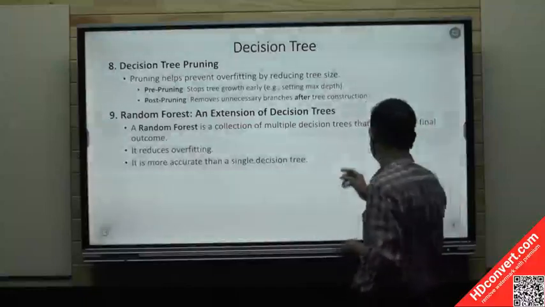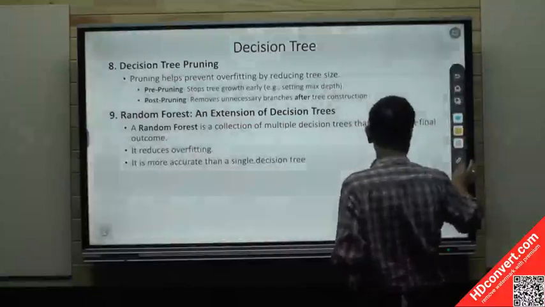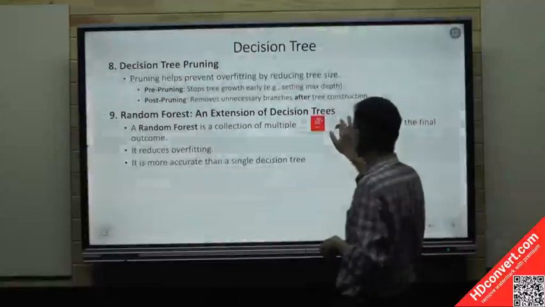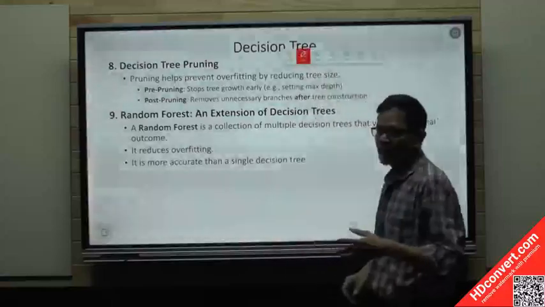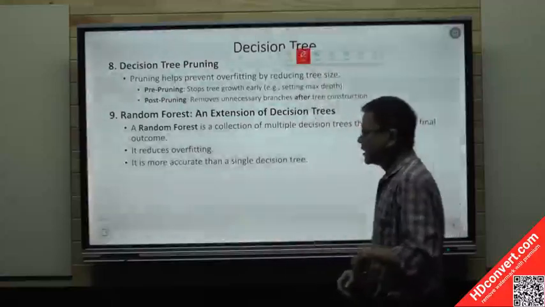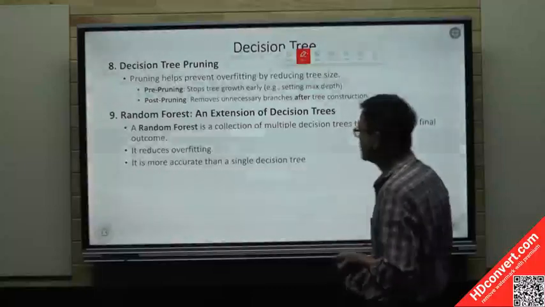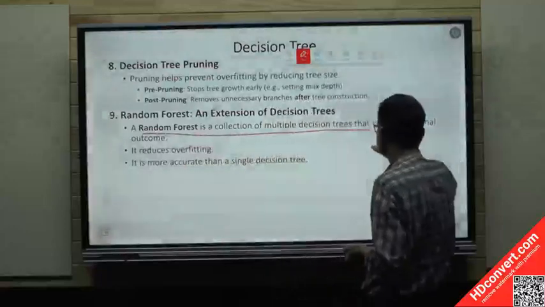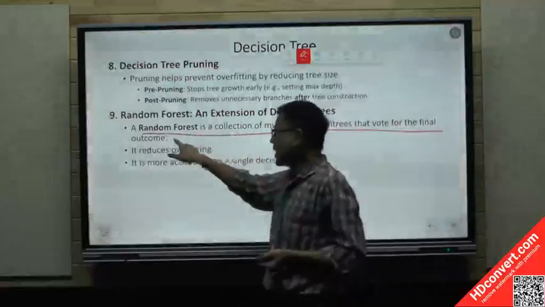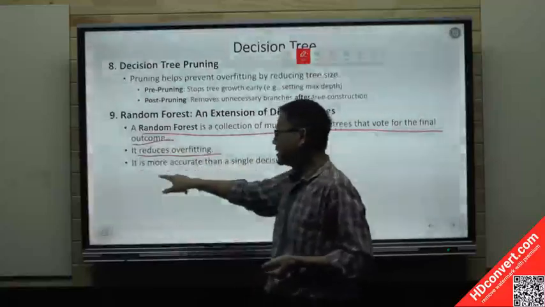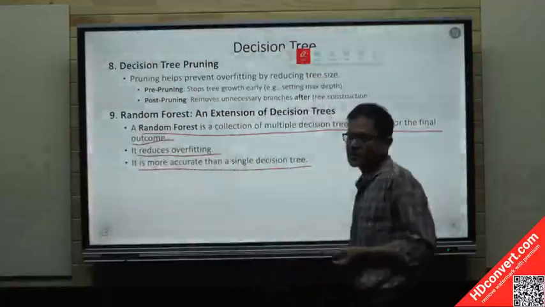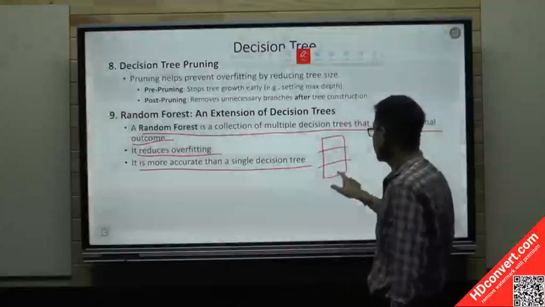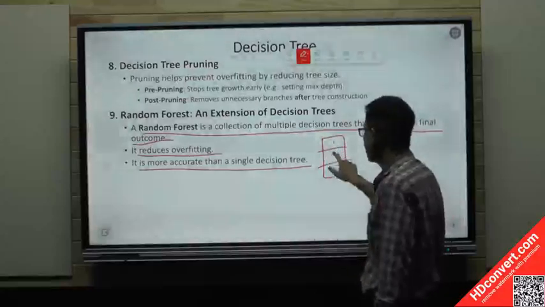So another point is that random forest is a word which you often hear, and it is associated with decision tree. So what is a random forest? A random forest is a collection of multiple decision trees that vote for the final outcome. It reduces overfitting. It is more accurate than a single decision tree. So that means from the data set, you divide the data set, let's say into 3 parts, 1, 2 and 3.